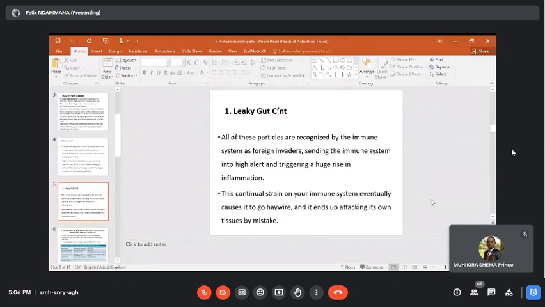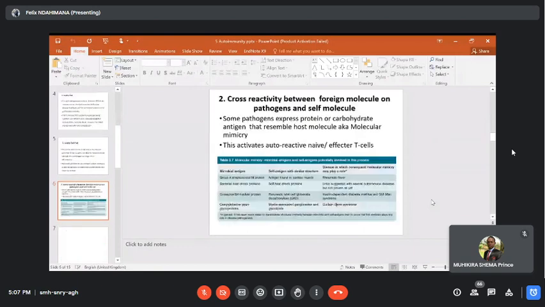These things will just be recognized as foreign. So this continuous strain on the immune system eventually causes it to go haywire, and it ends up attacking its own tissue by mistake. There is a kind of confusion in our body, whereby the immune system will go haywire, be overwhelmed, and start working abnormally. It will lose control and can end up producing antibodies against our own cells.